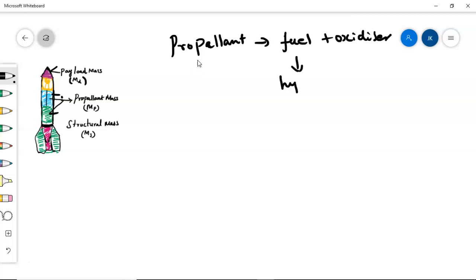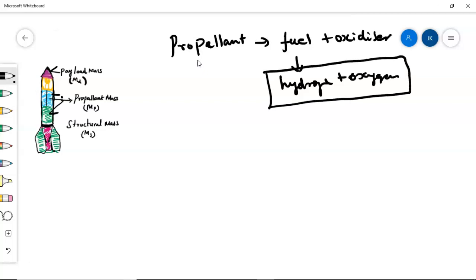This is hydrogen fuel, and to burn the hydrogen we need oxygen. So they have both in the fuel tank.